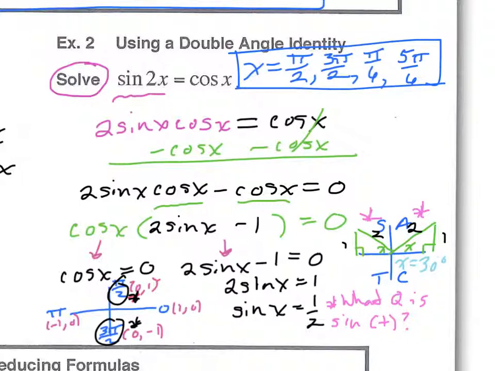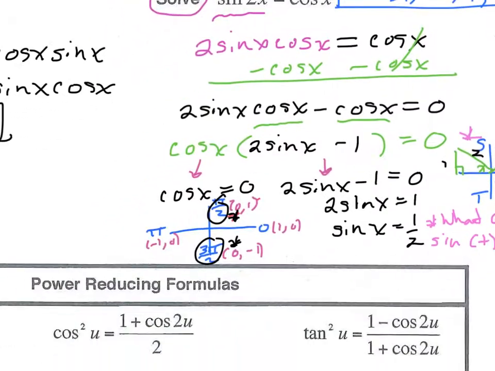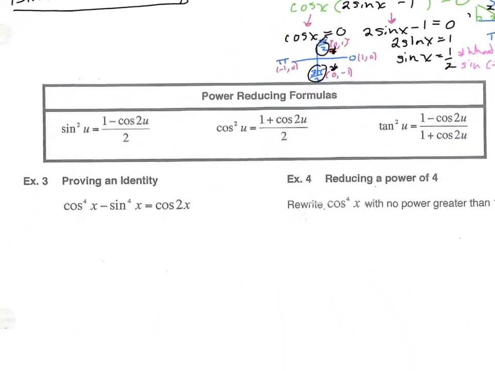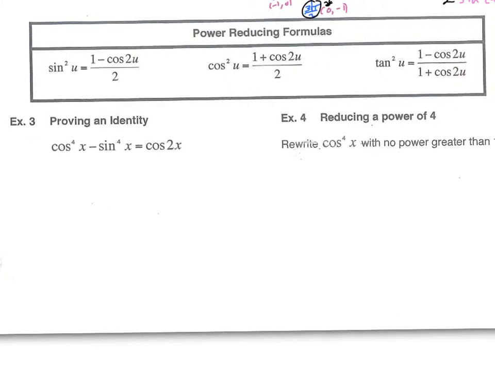All right, so then let's move to the power-reducing formulas. So there are 3 of them. And all the power-reducing formula means is that it's taking, notice that we have the sine squared of u, cosine squared of u, and tan squared of u.